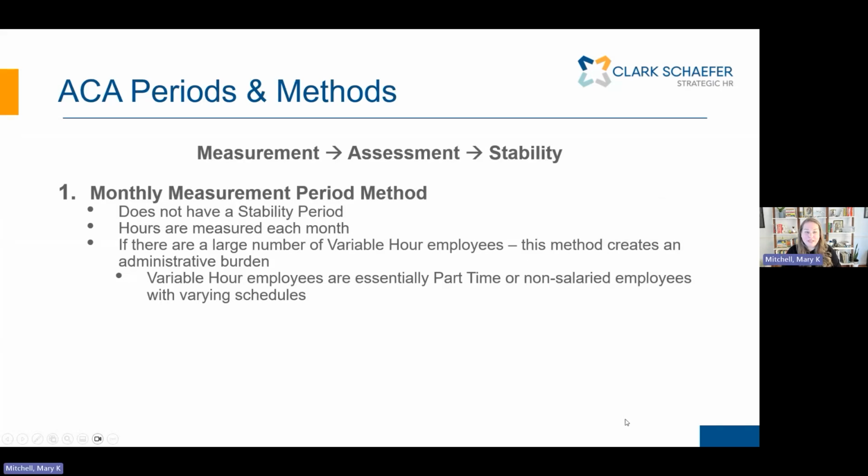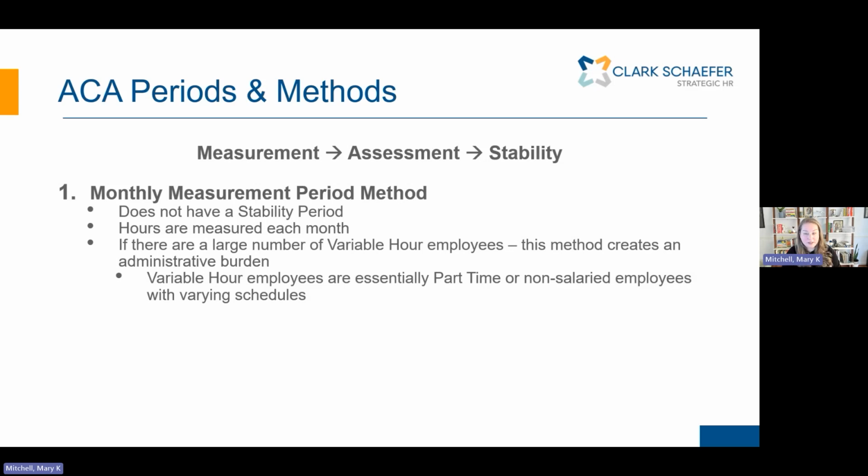Now, I mentioned earlier that there are 2 different ACA measurement methods that we need to use in order to determine that ACA benefit status, whether they're full-time or variable hour. The first one is the monthly measurement period method. In this particular method, you have your measurement period over the month, so you're tracking that individual's hours worked through payroll.